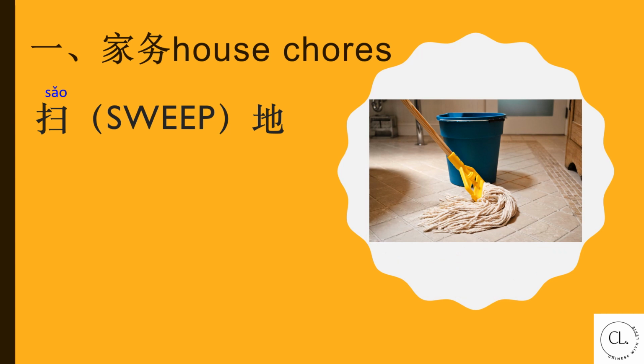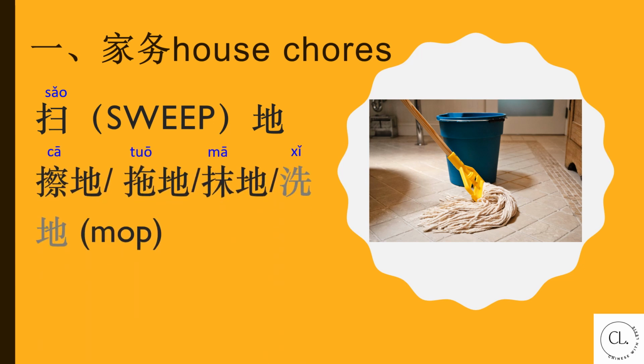Let's have a look. So this one in English, you say mop the floor, right? So it involves water, and then you have a mop to spread the water around and then clean it, right? We say 擦地, 拖地, 抹地.